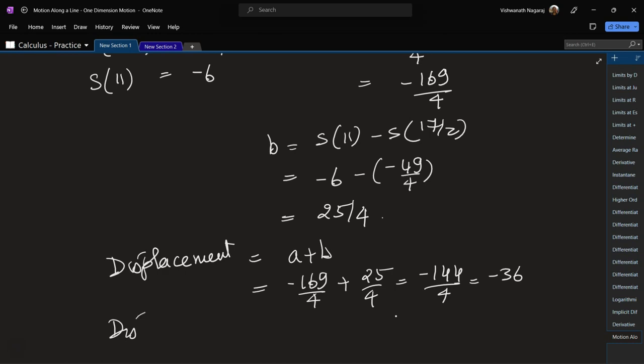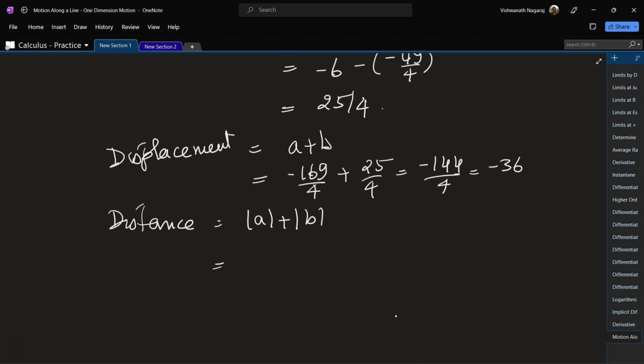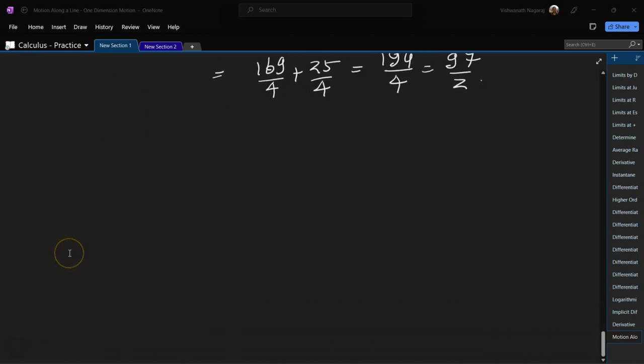And the distance traveled would be absolute value of A plus absolute value of B, which gives us 169 by 4 plus 25 by 4, which is equal to 194 by 4, which is 97 by 2 units.